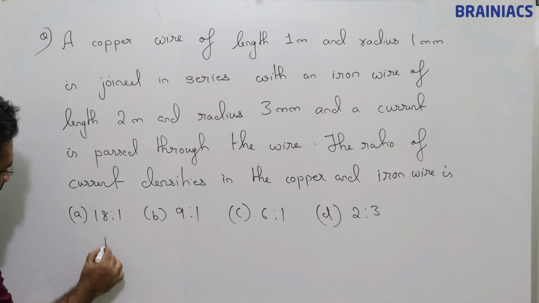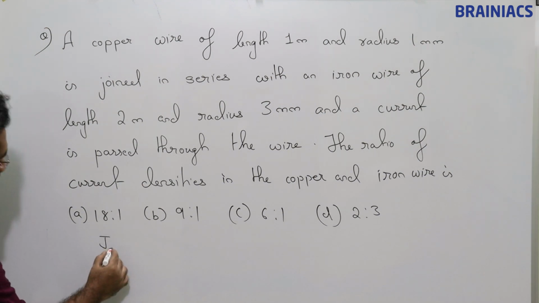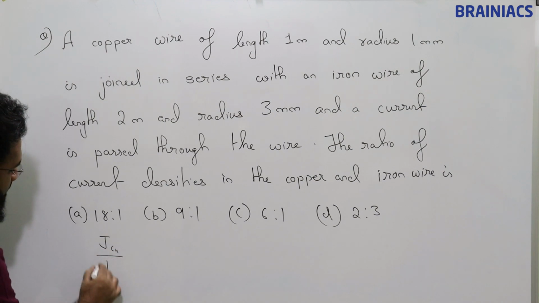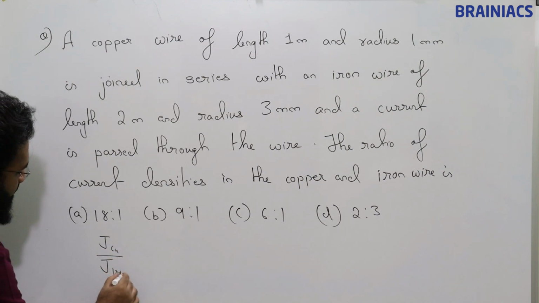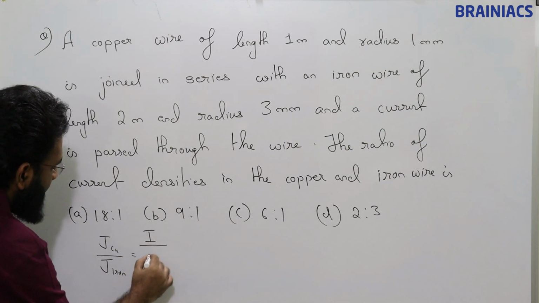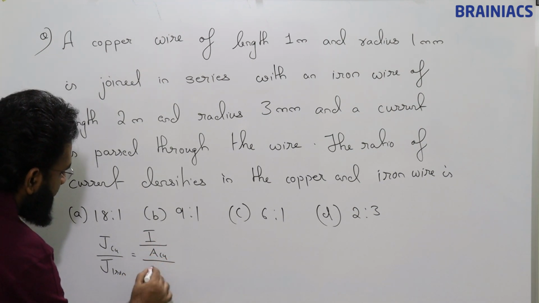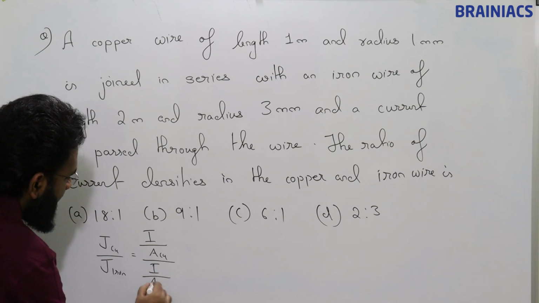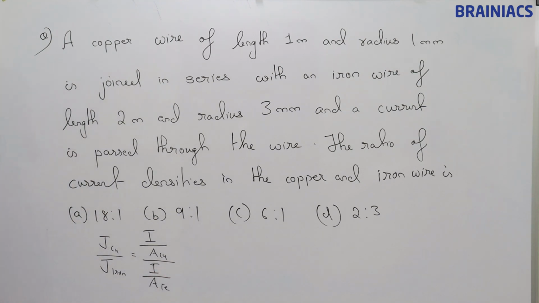So the ratio of current density, J Cu by J iron, is equal to I by A Cu divided by I by A iron.